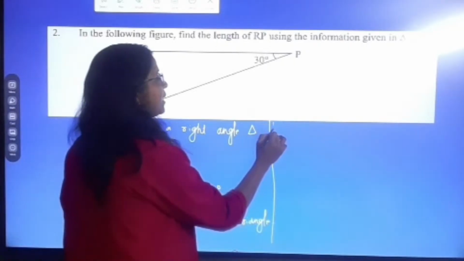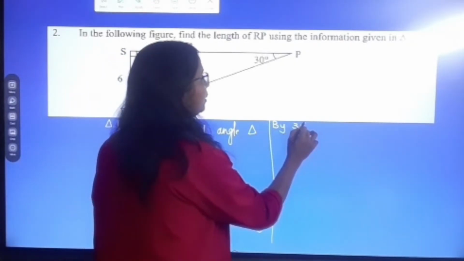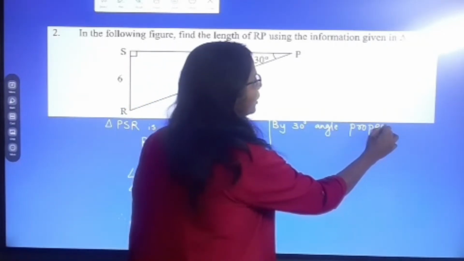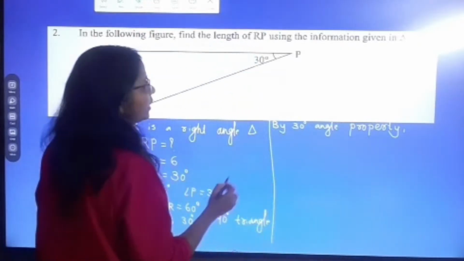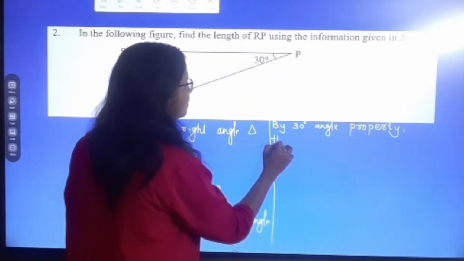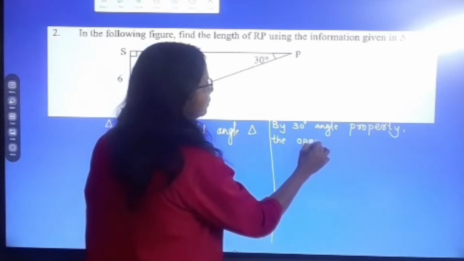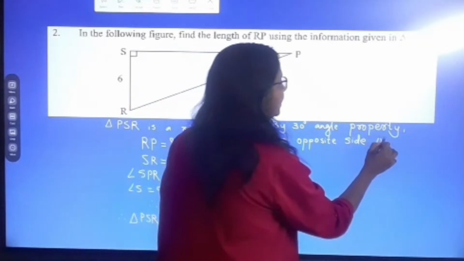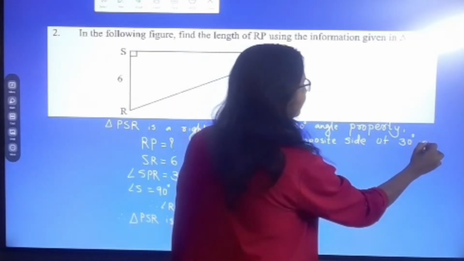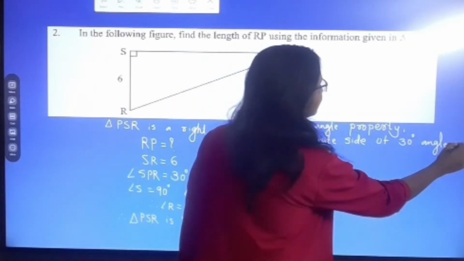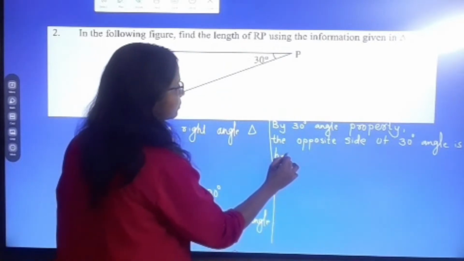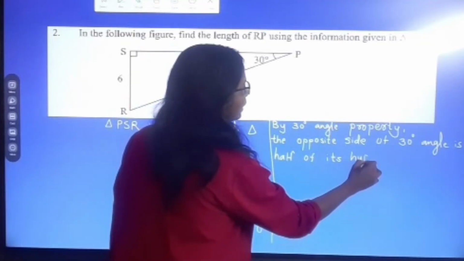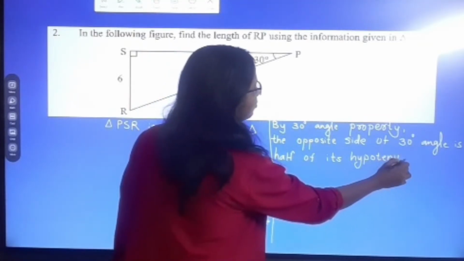So here I say that by the 30 degree angle property. And what is the 30 degree angle property? That the side opposite the 30 degree angle is half of its hypotenuse.